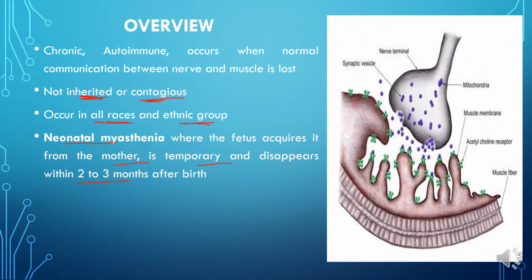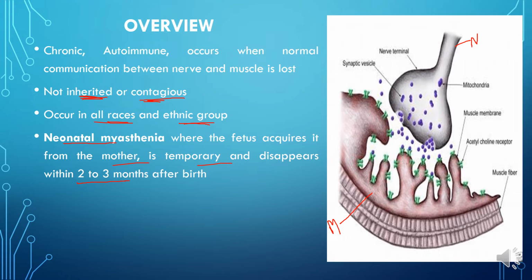So basically myasthenia is caused due to improper signaling at the neuromuscular junction. This is the nerve cell, that is, the axon of the nerve cell, and this is the muscle cell.